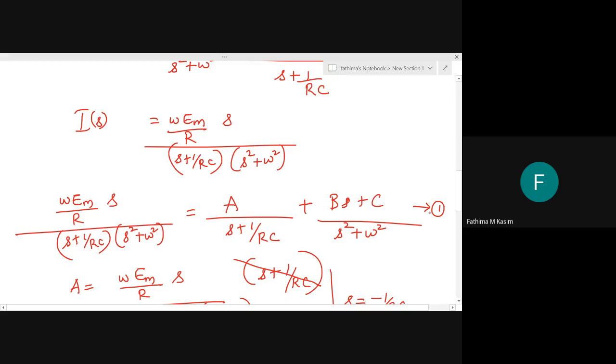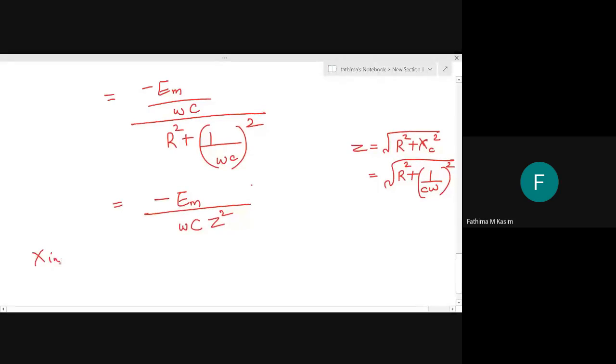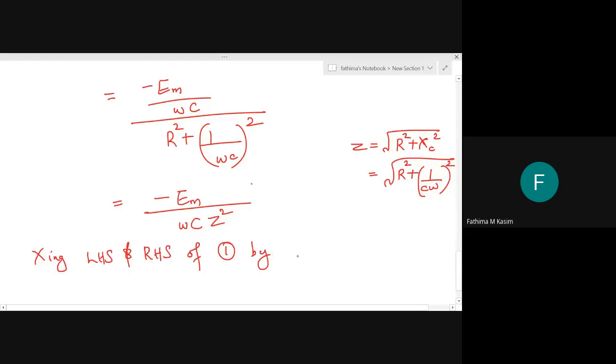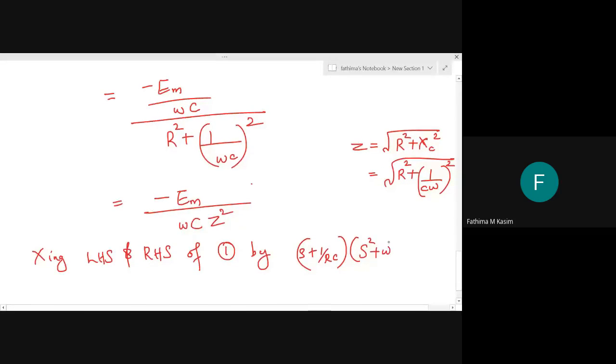Now, equation 1, in the LHS and RHS, I am going to multiply with S plus 1 by RC into S square plus omega square. So, multiplying LHS and RHS of equation 1 by S plus 1 by RC into S square plus omega square.